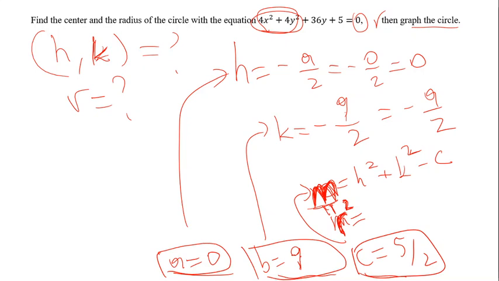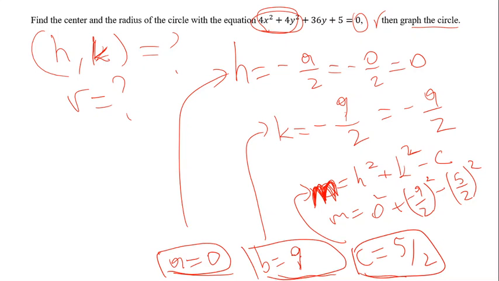If it is negative, then r squared would be a negative number. You say it cannot be, so it doesn't represent a graph. Anyway, check out the slides, you will see. Now, m is 0 squared plus minus 9 over 2 squared plus minus 5 over 2 squared.